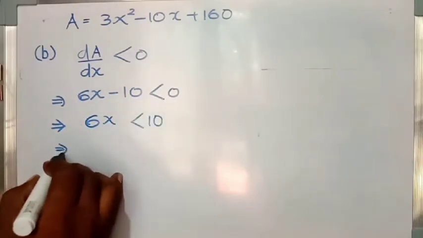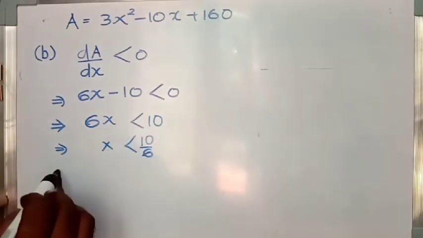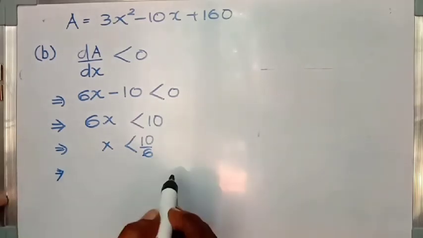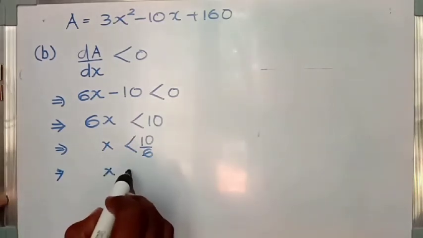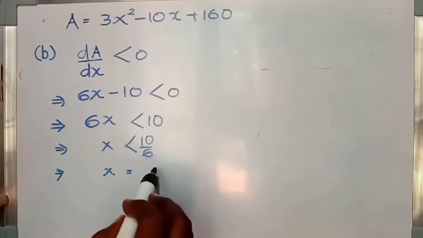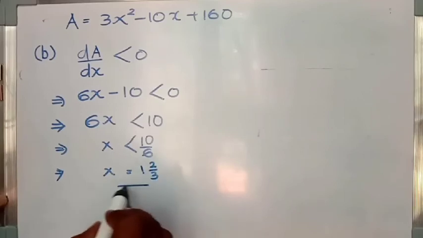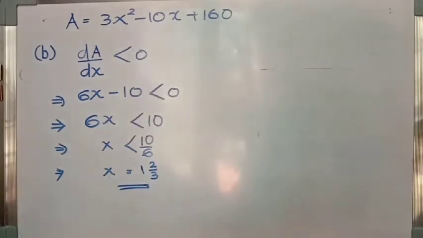It implies x equals 10 by 6. Then we get the critical value of x as 10 by 6, which is 5 by 3, as the critical value of x.